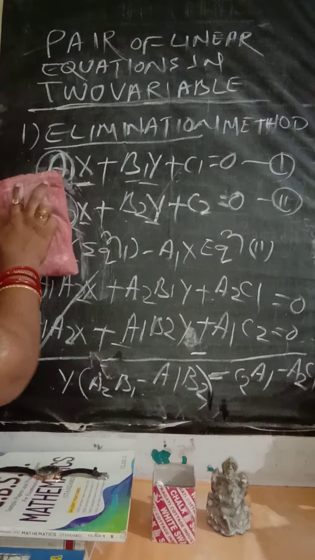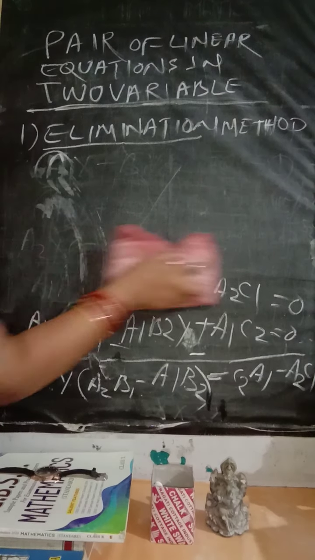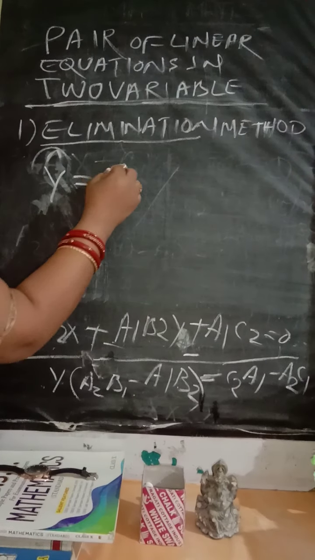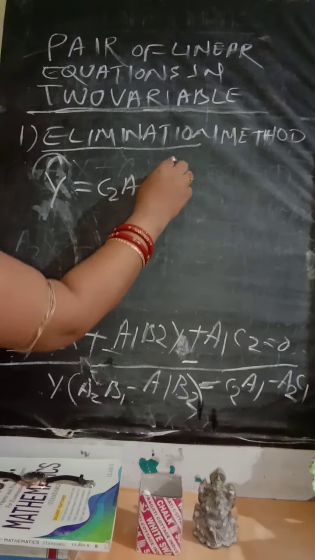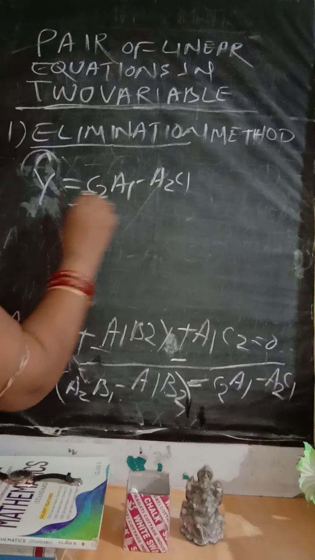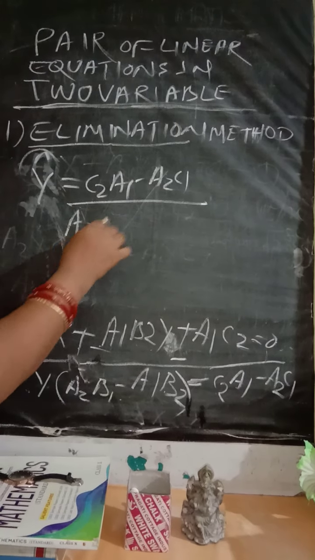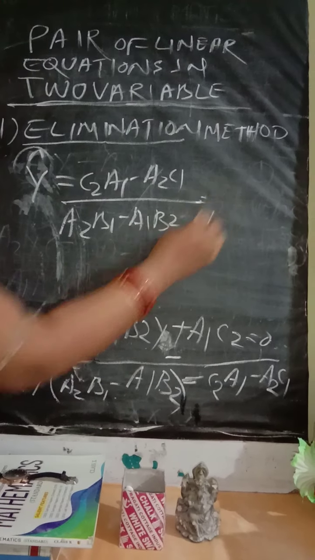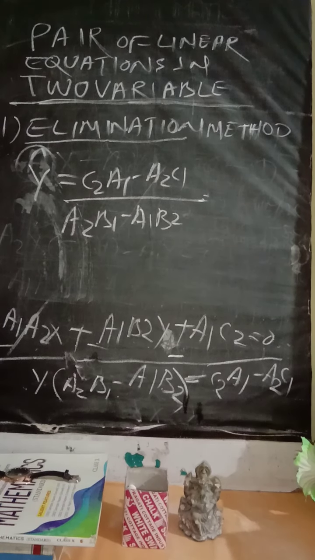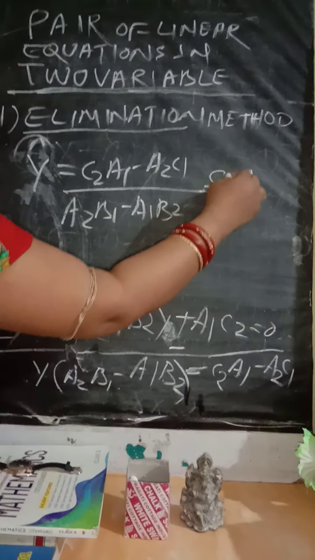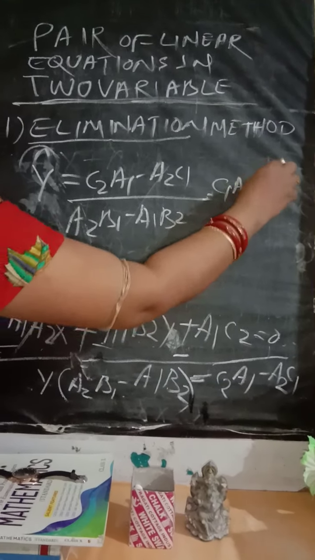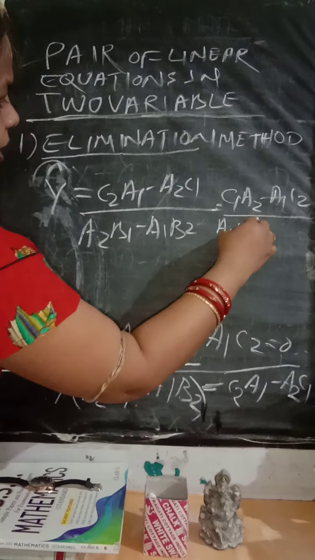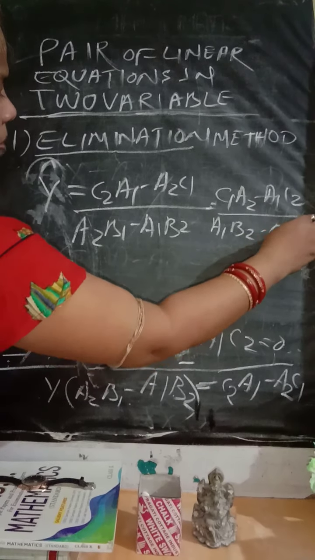Now what happens? y is equal to (c2a1 minus a2c1) by (a2b1 minus a1b2). If we take minus as common, we get (c1a2 minus a1c2) by (a1b2 minus b1a2).